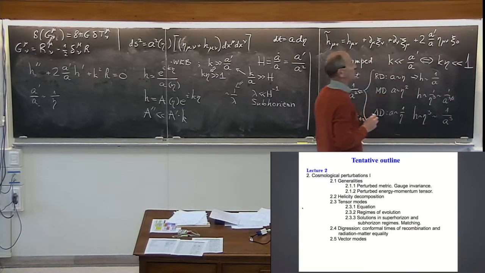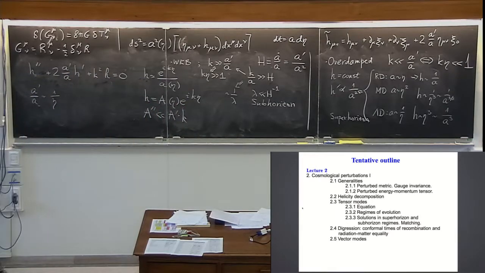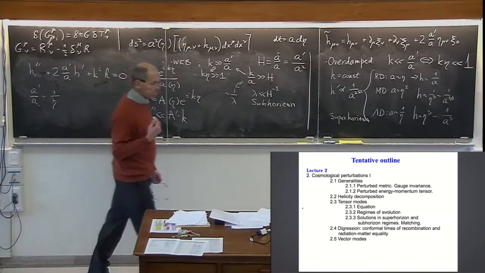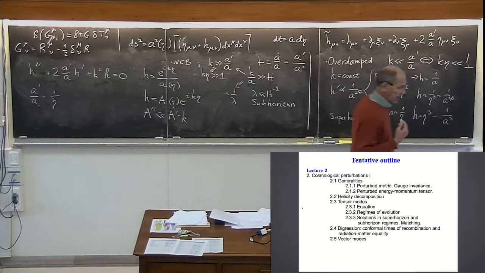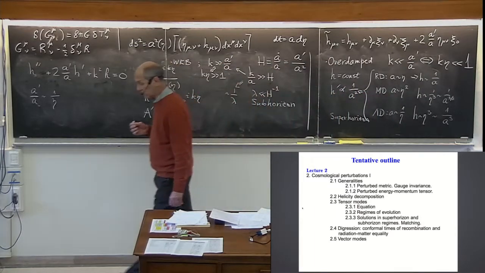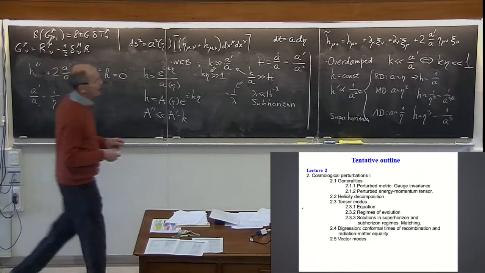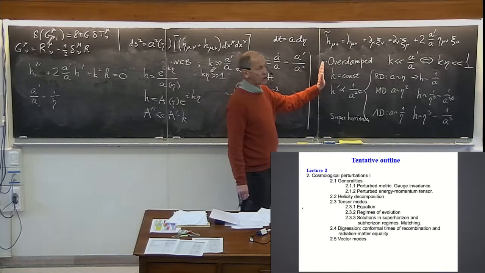So at early times, when eta is small, at radiation domination, we are in the superhorizon regime. Okay? Whereas later on we cross the horizon in, and our waves become subhorizon, shorter wavelengths. The wavelength is shorter than the horizon. Okay? So this is actually relevant for initial conditions of my perturbations, right?